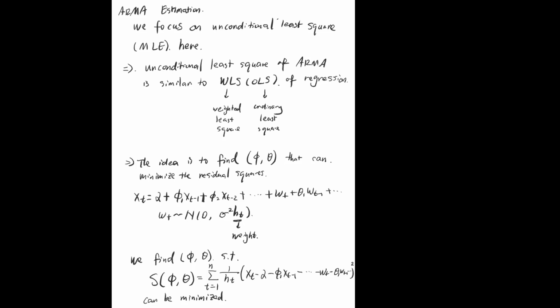Okay, any questions about the theory of the ARMA estimation? Now let me talk a little bit about the properties of the estimator. Just like the estimator in the linear regression model, here we also want our estimator to be a good estimator.